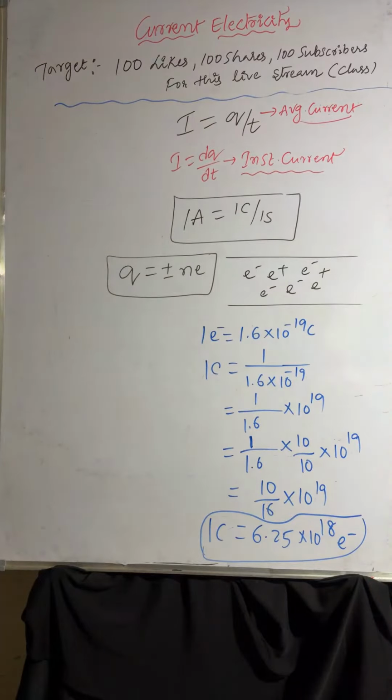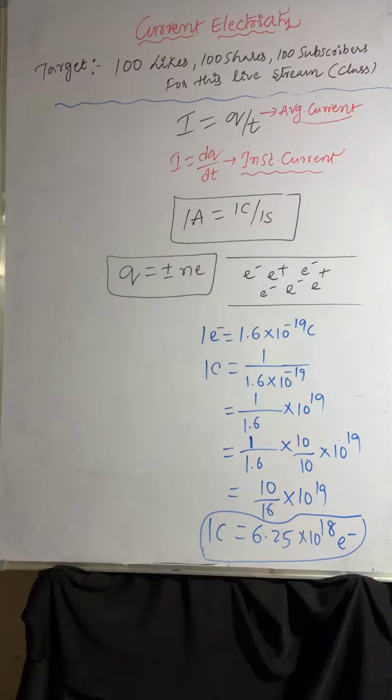Check once. I equal to Q by T is average current. I equal to dq by dt is instantaneous current. SI unit of current is ampere, SI unit of charge is coulomb, SI unit of time is second.